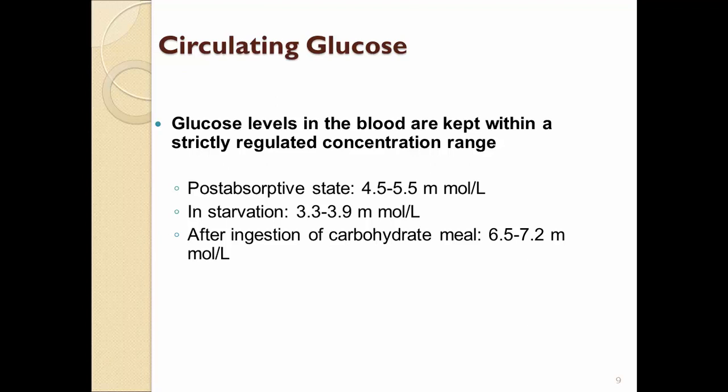But if you ingest a high carbohydrate diet, definitely you will have a little bit higher blood glucose level. But our body can adjust to lower glucose to maintain it in a very narrow range. And the reason it is important is that if blood glucose is too low, definitely it is not healthy, right?